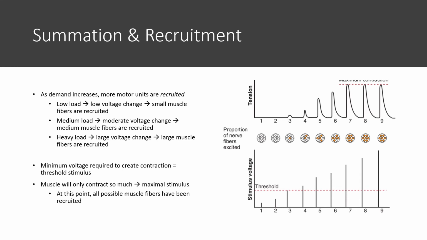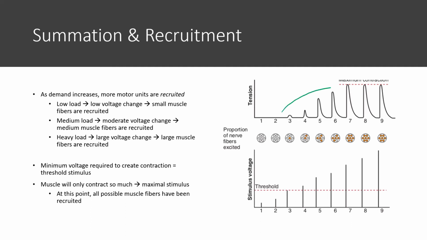Now, if the shock is low enough in amplitude, your thumb won't twitch. You'll feel a shock, but your thumb won't move. And then as you crank up the force of that electric shock, you'll feel it more and more. Your thumb still won't move, and there will come a point where it's just high enough to actually create movement in your thumb. That's called reaching threshold stimulus.